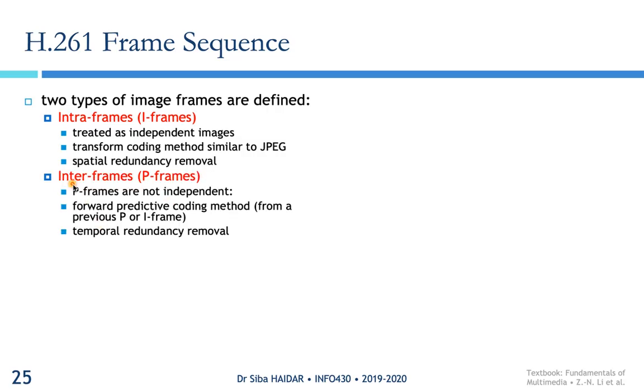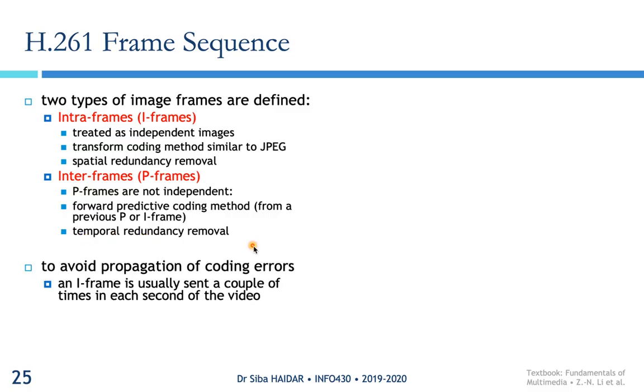On the other hand, we have the other type of frames, which are called interframes, in relation to each other. The P frames are not independent. We use the forward prediction coding method from a previous P or I frame, in which we, of course, make a temporal redundancy removal.